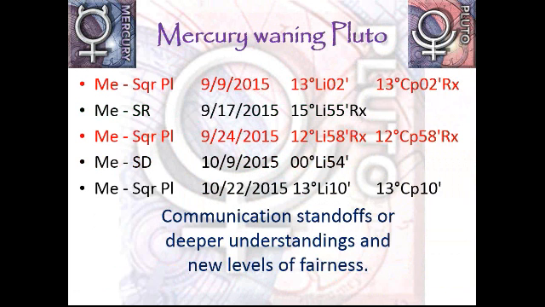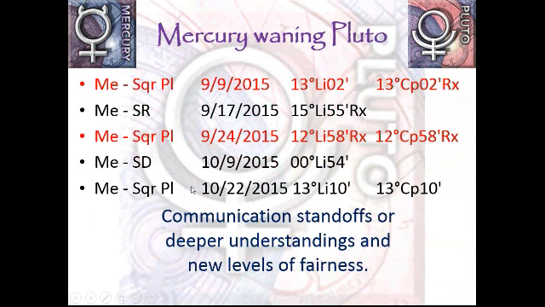Mercury has one of its retrograde cycles, pretty active to Pluto, right around the time period when Pluto is getting ready to turn stationary direct. Remember, that was September 24th, 25th, Pluto at 12:58 Capricorn. That's going to be the second time that Mercury in Libra will be making last quarter squares to Pluto in Capricorn.